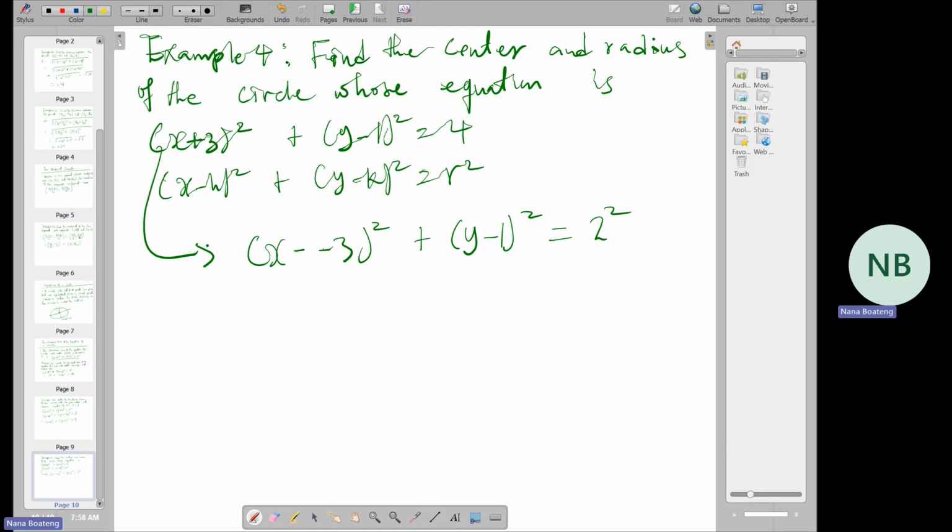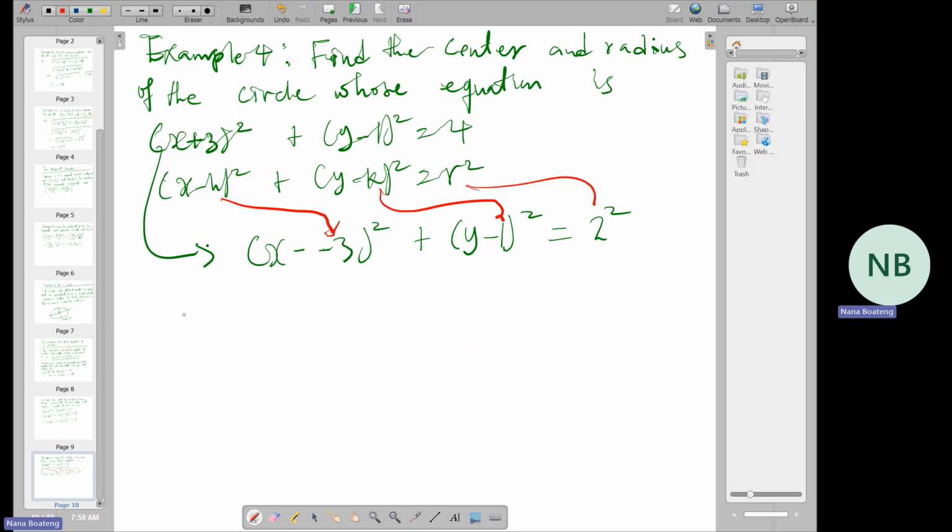If we compare this to the general form, then we can tell that h is negative 3, k is 1, and the radius is 2.